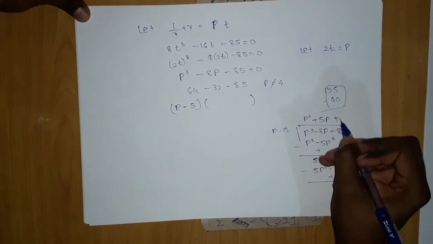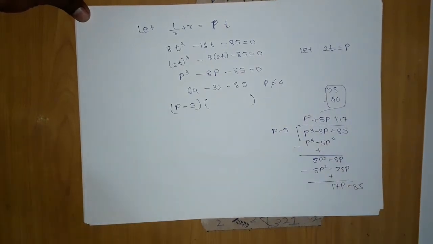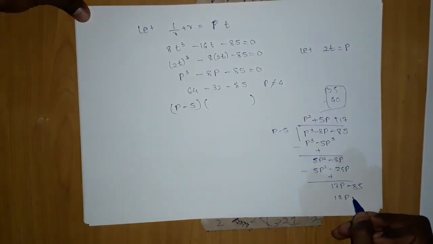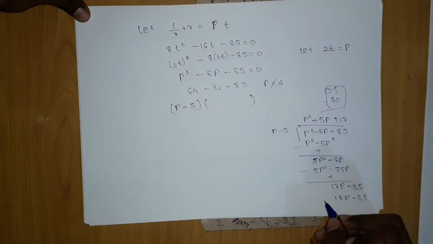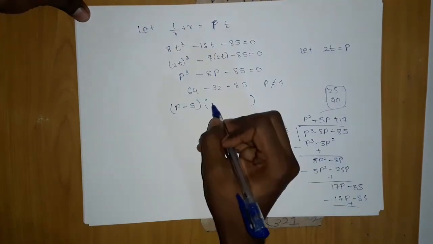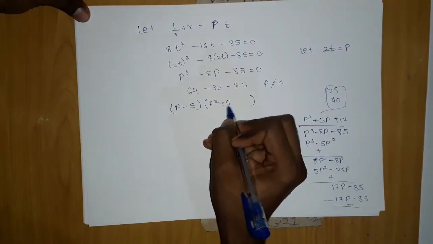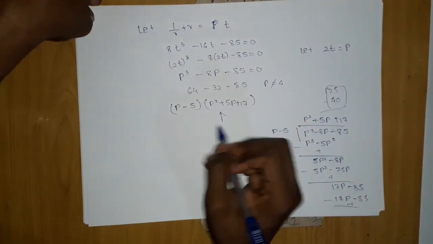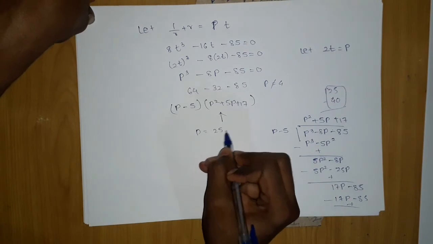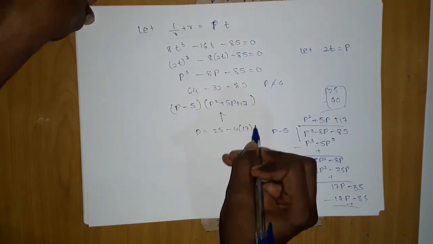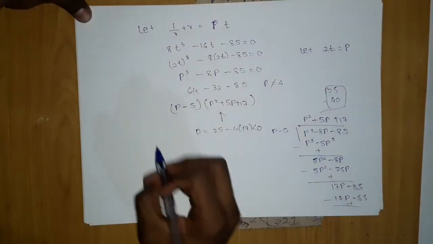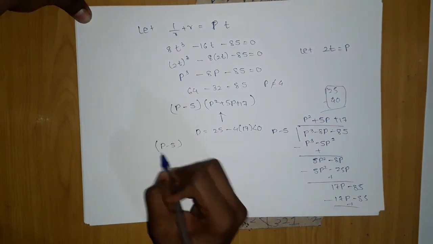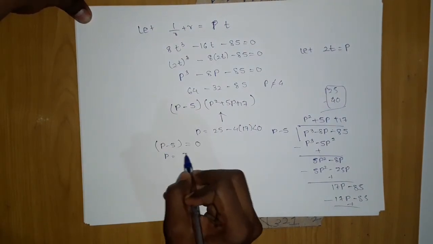Dividing by 17, we get the term p square plus 5p plus 17. Its discriminant, 25 minus 4 into 17, is less than 0, so its roots are imaginary. The only possible root is p minus 5 equal to 0, so p equals 5.